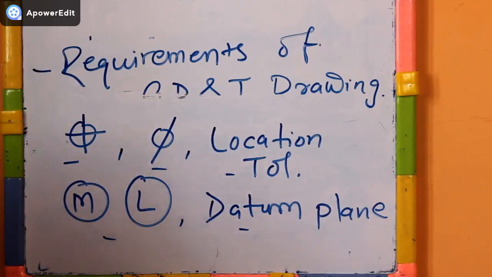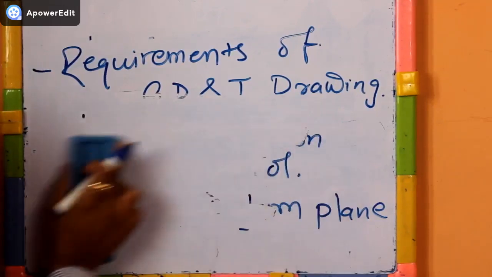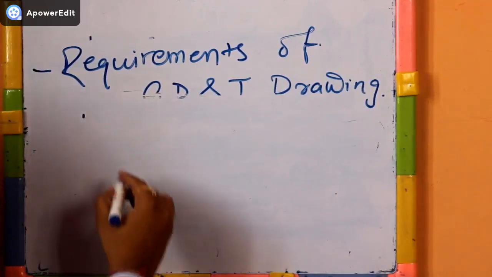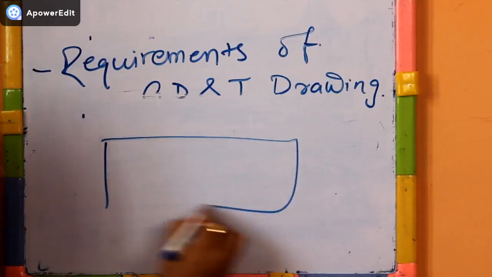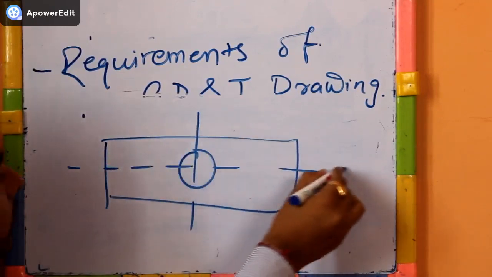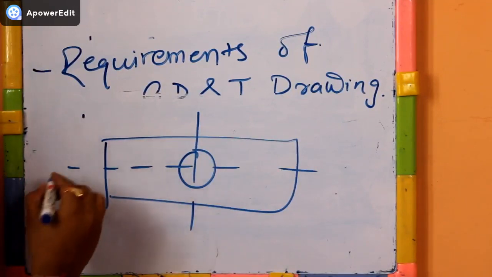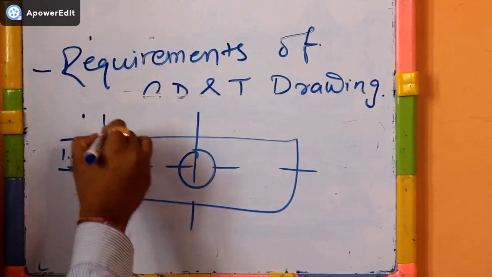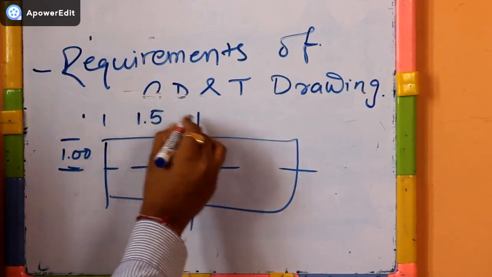So now we will look at the same component after applying the GD&T concept. It looks like the component having a hole at the center with the dimensions 1.00 and 1.5.